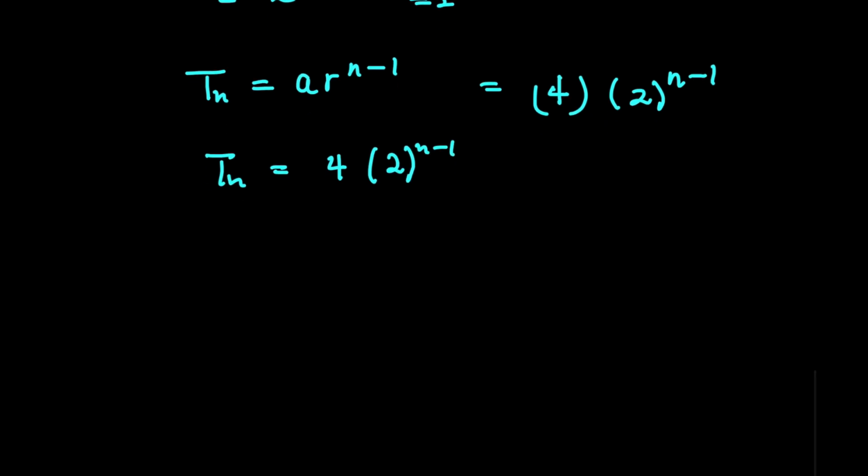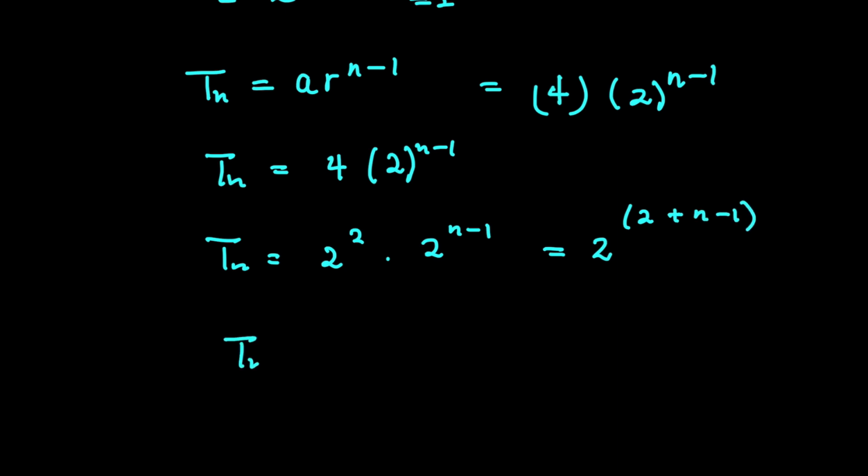And also, you can simplify this further if you want. This can be Tn is equal to 2 squared times 2 to the n minus 1. And then you've got the same base. So according to the laws of exponents, it's going to be 2 to the 2 plus n minus 1.